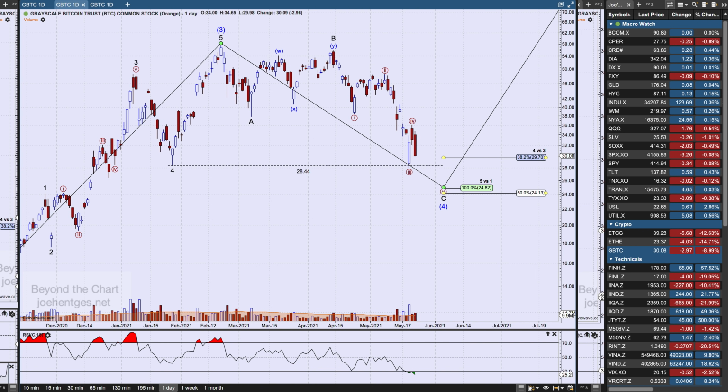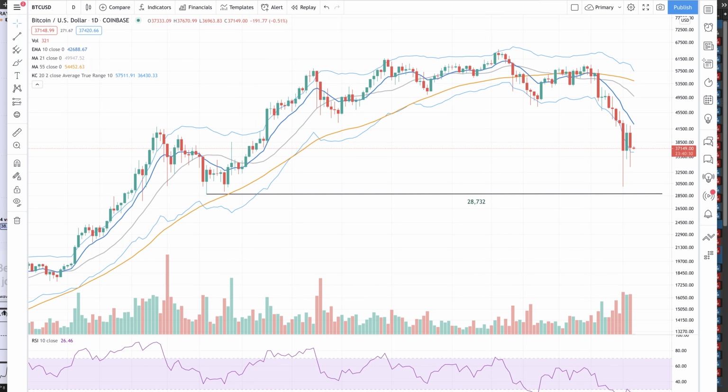And I'll show you just one more thing real quick. I know some of you folks were thinking last week, oh, well, you can't judge Bitcoin based on GBTC. Well, GBTC is based on Bitcoin. Here's the price action of Bitcoin on just the regular daily charts. Here's the January low, 28,732. I also saw some comments where people say, well, there's no way Bitcoin's going below 40,000.